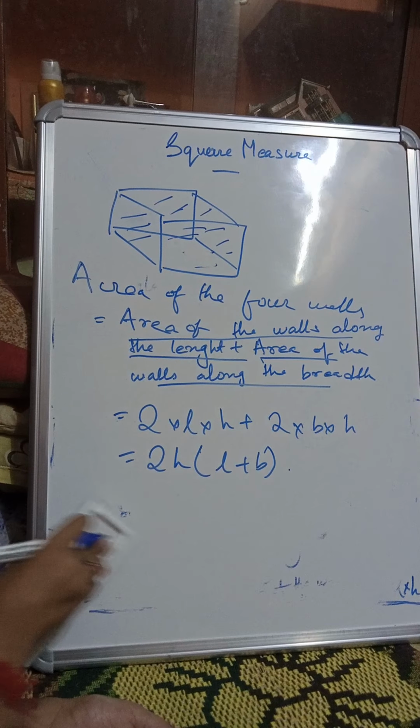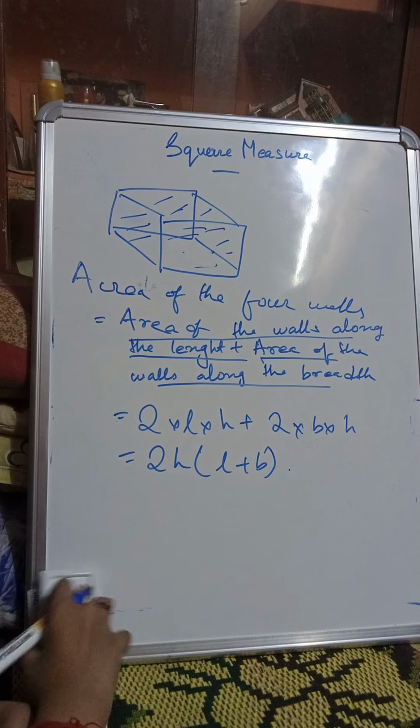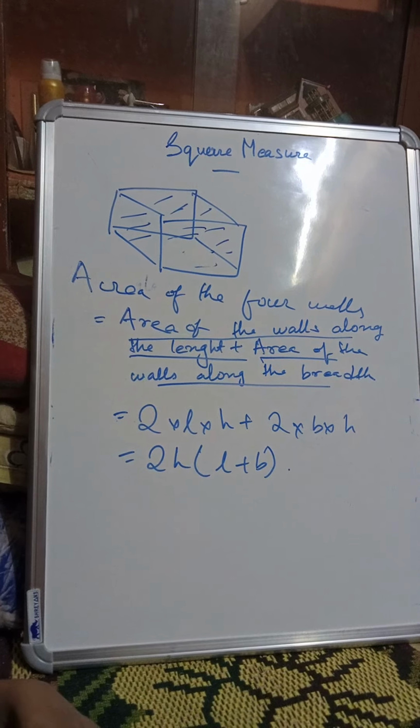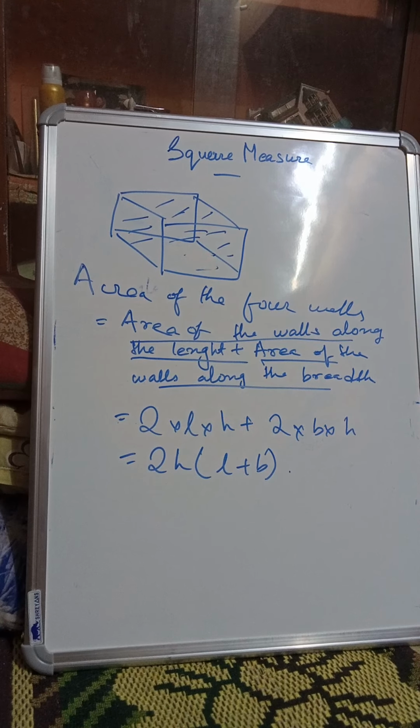Now in some sums you are asked to find out how many tiles are needed when we put tiles on the floor of a room. You are given the dimensions of the tiles and the dimensions of the floor, and you need to find out how many tiles will be required to fill the whole floor.